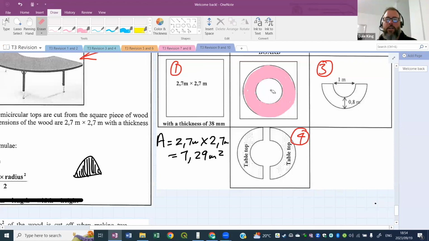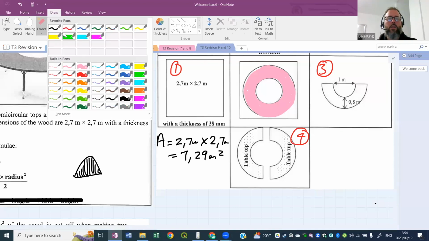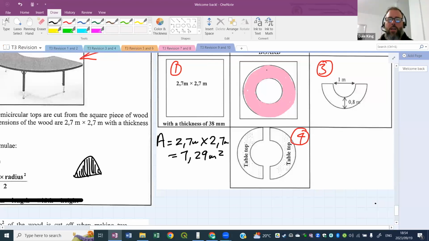That's what we're trying to do. So we have to work out the area of this pink part and then subtract it from the area of the square.